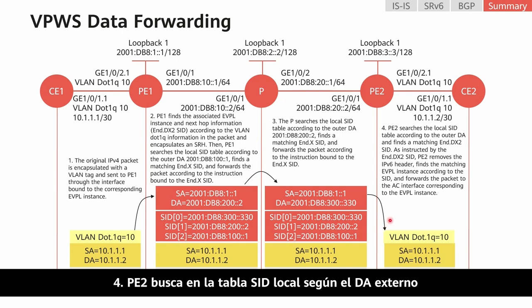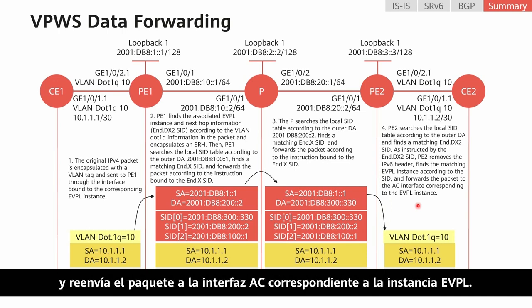Fourth, P2 searches the local SID table according to the outer destination address and finds a matching End.DX2 SID. As instructed by the End.DX2 SID, P2 removes the IPv6 header, finds the matching EVPL instance according to the SID, and forwards the packet to the AC interface corresponding to the EVPL instance.